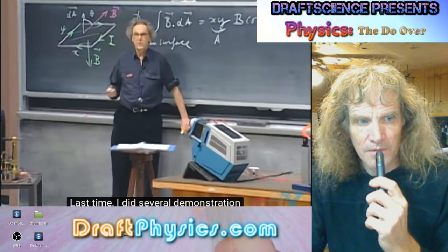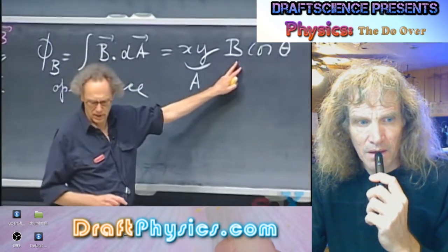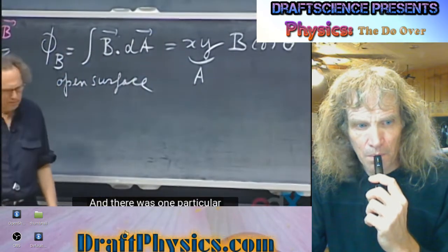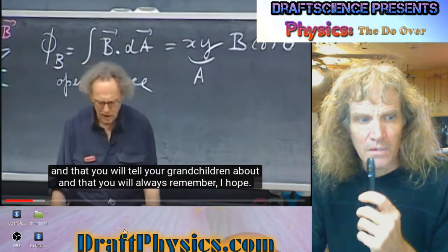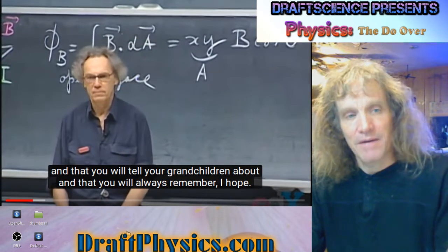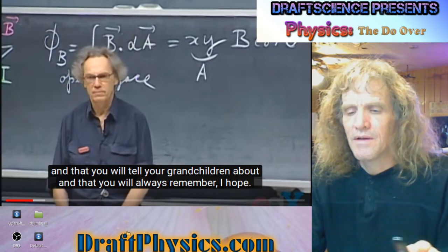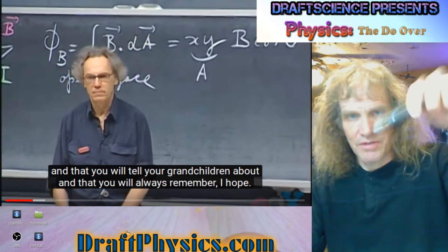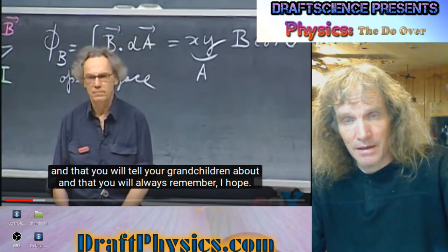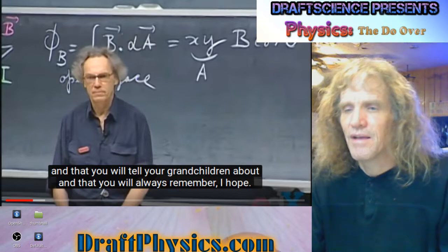Last time, I did several demonstrations whereby we changed B. We had the dB/dt. And there was one particular demonstration that blew your mind and that you will tell your grandchildren about and that you will always remember. So again, he's talking about this kind of illusionary experiment where he measured the same two points in a circuit and came up with two different voltages measuring from the same positions.